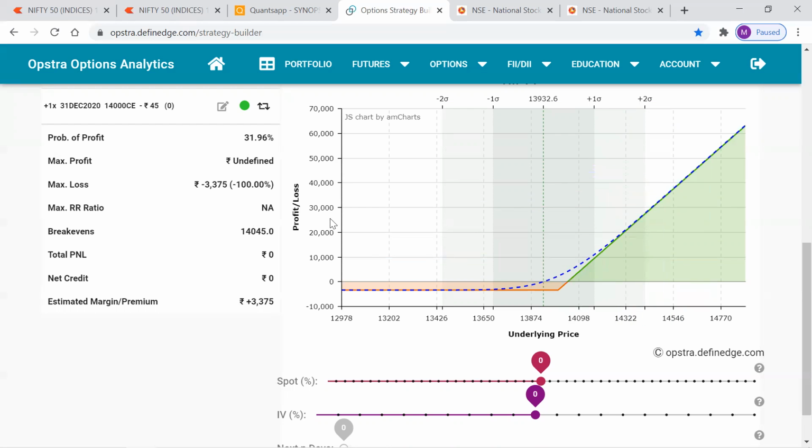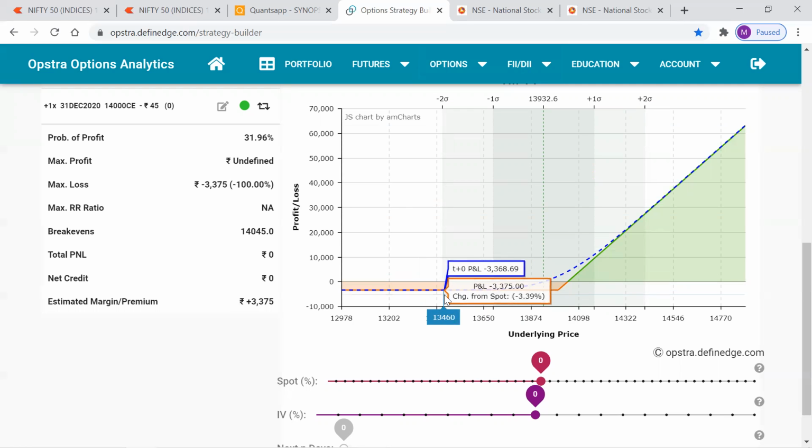Now, if it doesn't happen, let's consider the negative scenario. Imagine that before 31st of December, Nifty didn't cross 14,000. Imagine that instead of going up, it went down till 13,451. What can happen? Look at your loss.